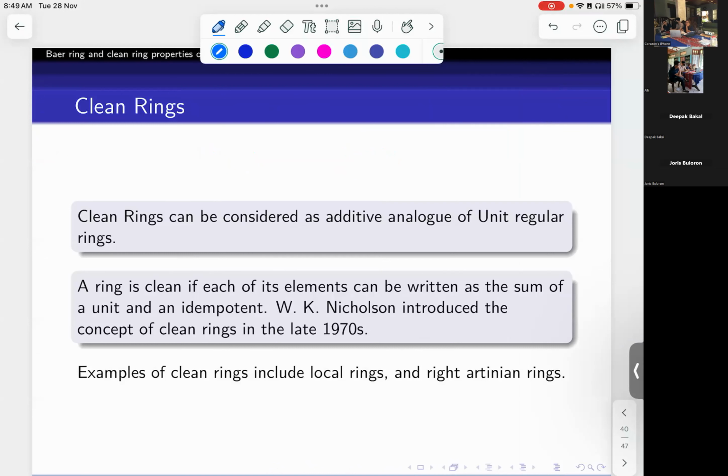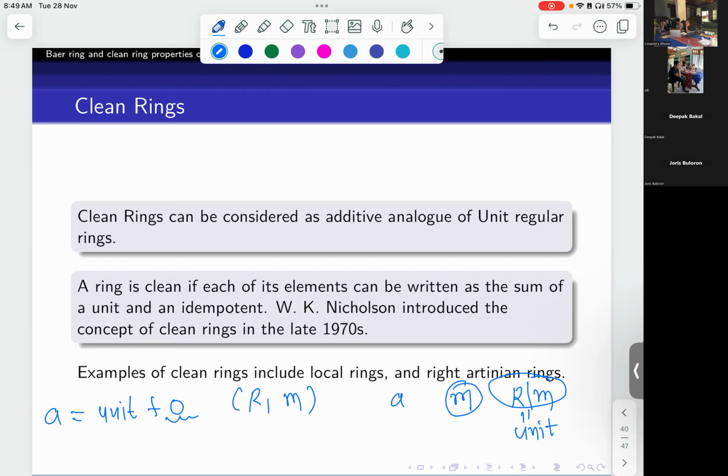Examples of clean rings include a local ring. A local ring consists of a maximal ideal M. If you have an element, it is either from the maximal ideal or it isn't. If it is not from the maximal ideal, it would be a unit, so you can write it as unit plus 0, which is an idempotent. And if it comes from the maximal ideal, you can consider A minus 1.